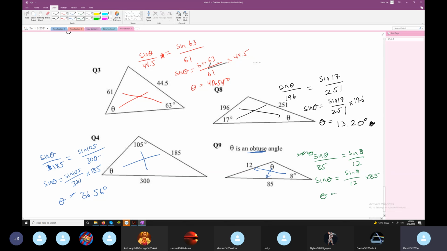Theta is going to equal 80.34 degrees. Now don't forget that theta is an obtuse angle. This is an acute angle. So when you have that case, you have to do 180 minus the answer that you got, and that is going to be your actual answer. And that should give you 99.66 degrees. Actually, it should be 79.66 degrees there.